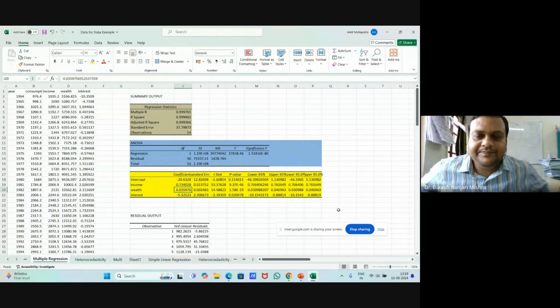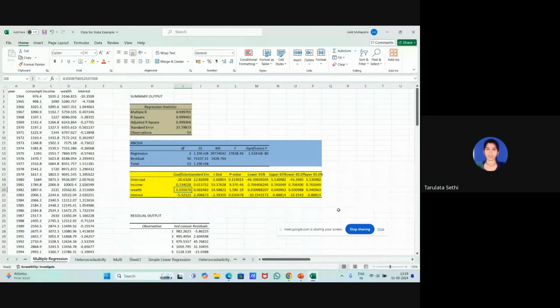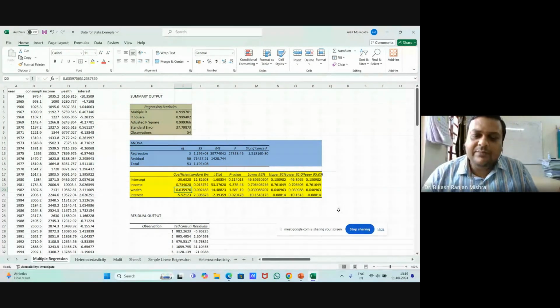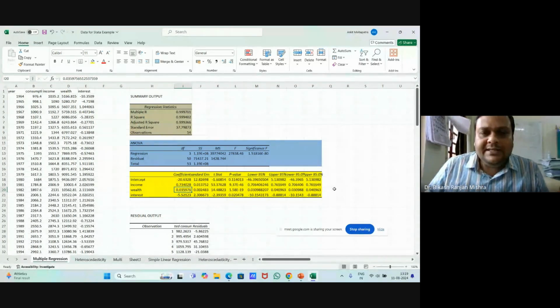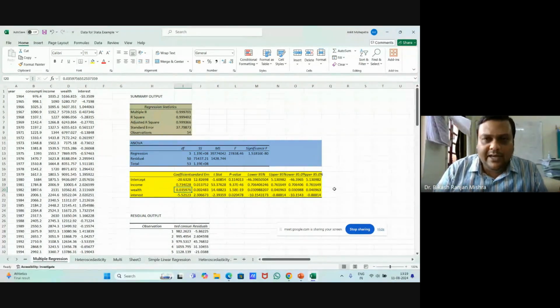Yes. Sir, when we apply a multiple linear regression model, should I test our data for linearity, multicollinearity, and heteroscedasticity? Yes, ma'am. Before doing that, the diagnosis will be a subject matter of the results obtained.